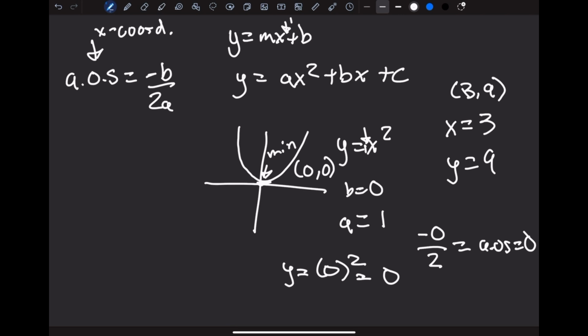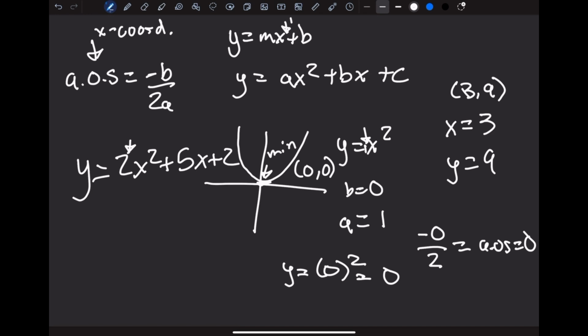And now we can extend this to another graph. Let's say y equals 2x squared plus 5x plus 2. Will this have a minimum or a maximum? Well, since this is positive in the front and it's squared, we know it must have a minimum.